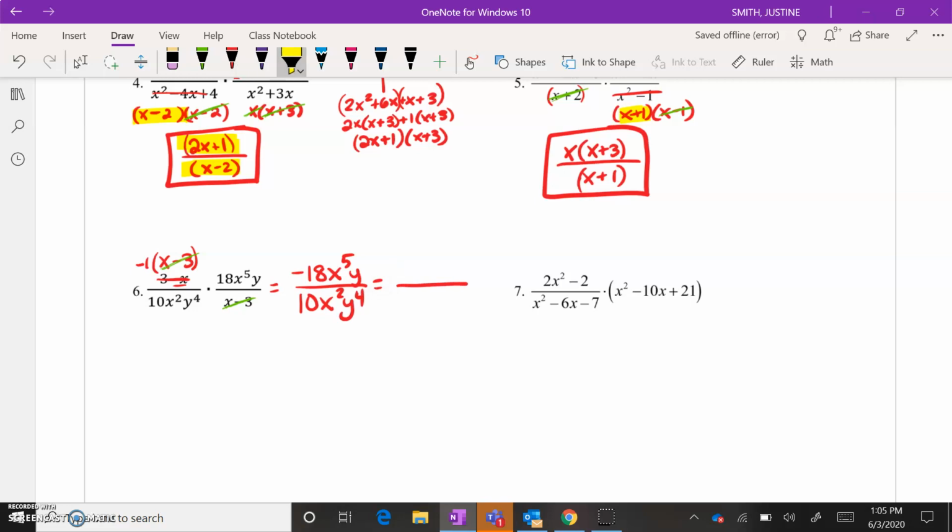So my coefficients, I'm just going to simplify to -9/5. Then we have x to the 5th over x to the 2nd. So we subtract with our exponent rules to get x to the 3rd. Then we have y to the 1st over y to the 4th. So again, the trick would be take the larger exponent, subtract the smaller, and put that positive answer where your larger exponent was.